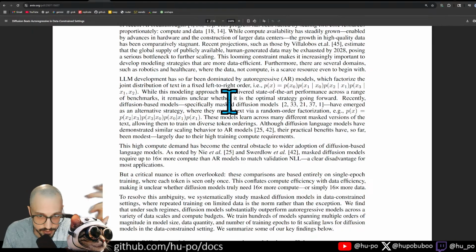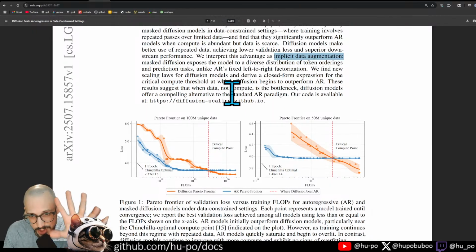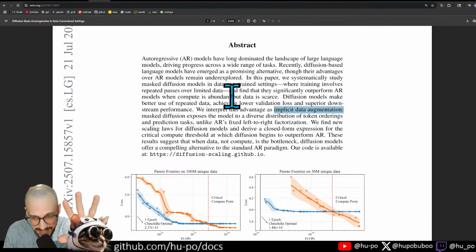But like all other scaling law papers, it kind of depends. Really all they're showing you is for this specific model, in this specific training data set, with this specific width or size of FLOPs. So like all scaling law papers, you shouldn't take this 100% at face value, right?